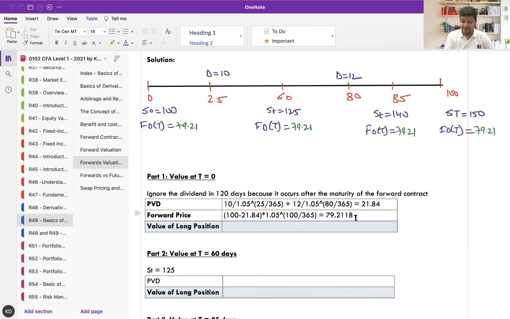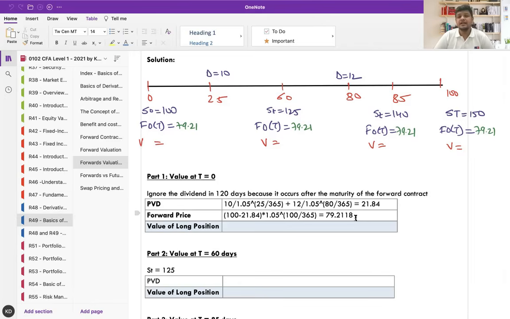Based on this, we will find the value at different points of time. Are you getting me? Clear. Now, we are always finding the value for a long position, assuming everything is long. So how do you find the value?